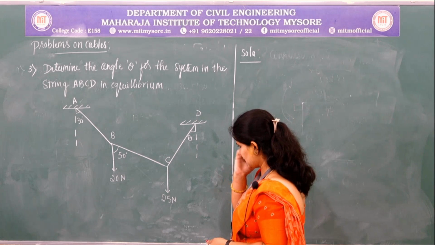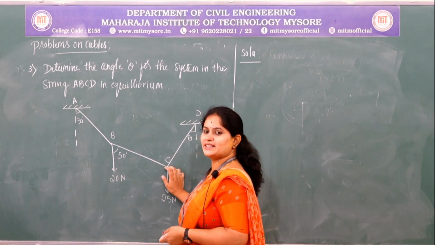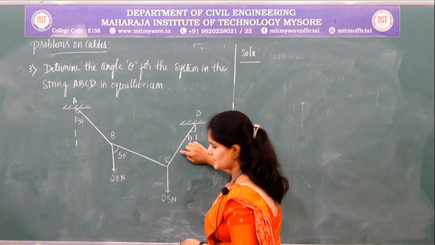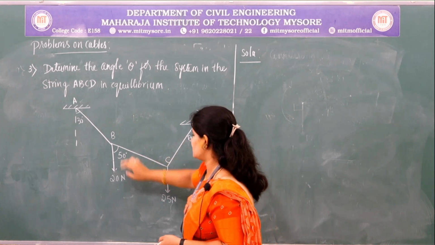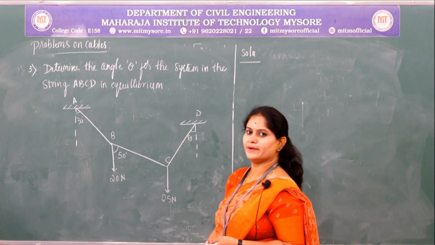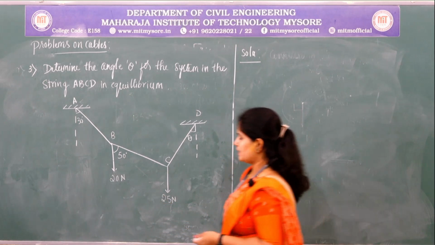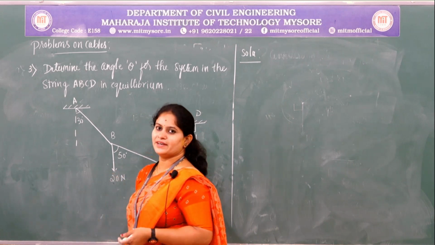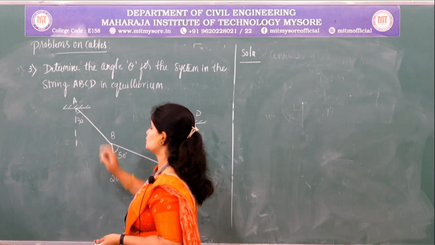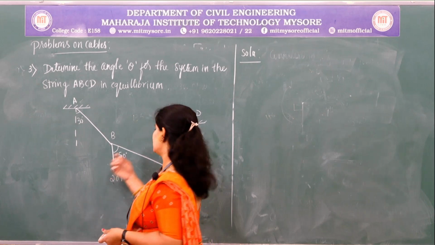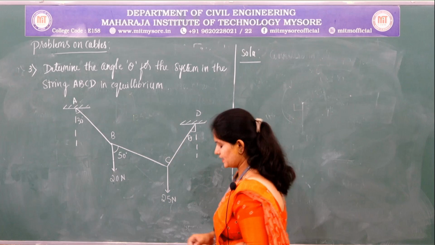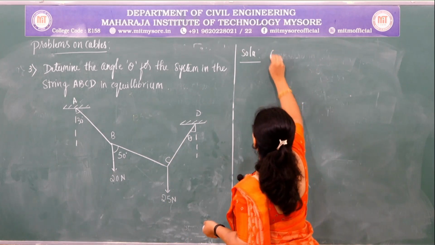So when you consider the joint C, we don't know the value of theta and the tensile force in the CD and tension in the string BC and this one. So let me consider joint B. We have a vertical load 20 Newton and the two unknowns, that is tension in the string BC and tension in the string BA. So let us consider joint B.